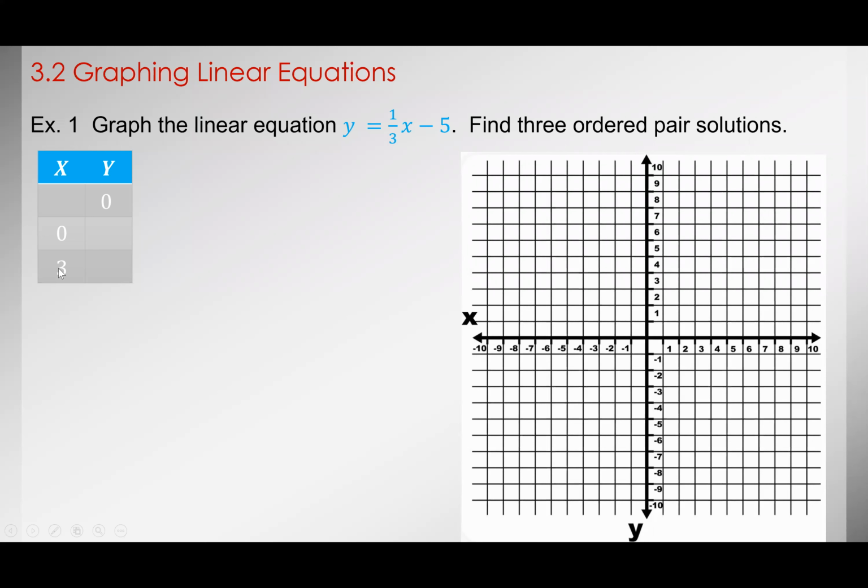And small advice for you guys: if you see that you have a fraction, when you choose an X, choose the multiple of that denominator. For instance, if this is 1/7, my X will be 7 or 14 or 23.